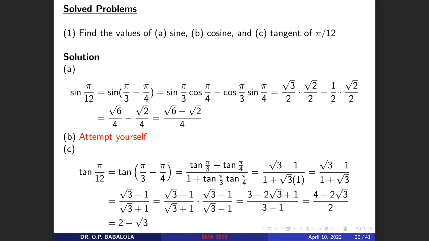So the first thing we do is simplify pi over 12 into multiples. We find the multiples of pi over 12. What are they? We have pi over 3 and pi over 4. Of course, you subtract these from each other.